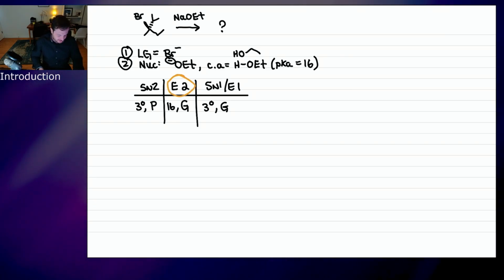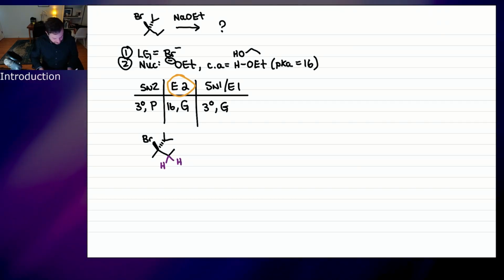How do we draw the product? Well, remember, the E2 reaction makes an alkene. So let's refresh our memory of the mechanism of the E2 reaction. The E2 reaction is going to remove one of the beta hydrogens to form an alkene. We actually have quite a few beta hydrogens. I can draw them all in.